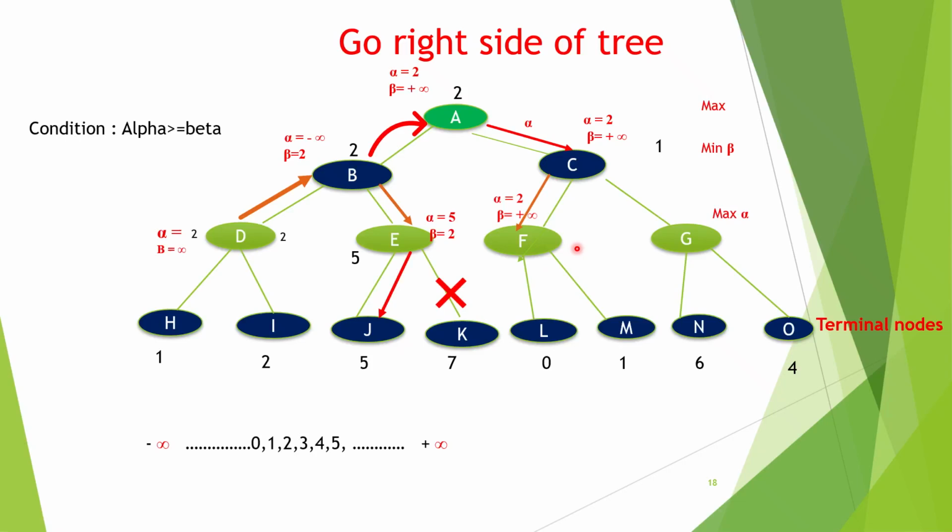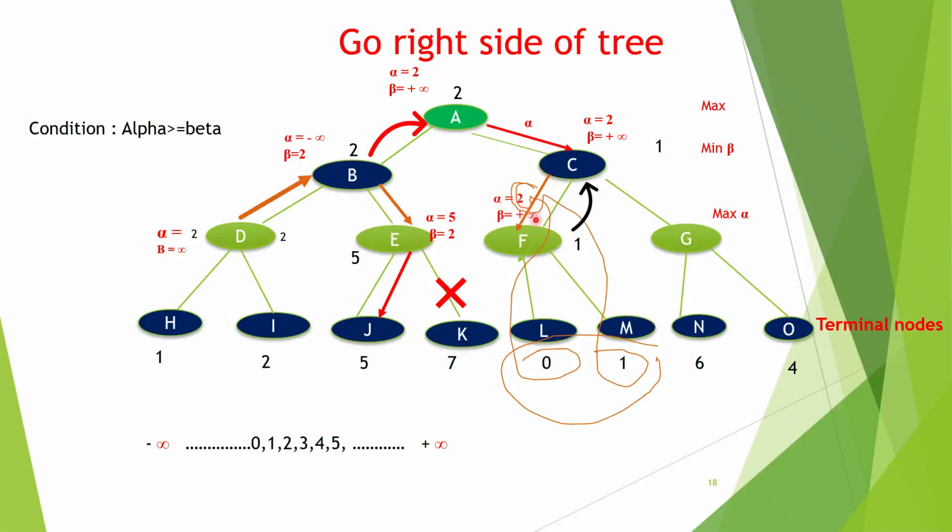The depth level is maximizer, so it is the maximizer's move. Compare alpha with the utility value of node L, which is 0. Which is maximum, 2 or 0? 2 is the maximum, leave it.